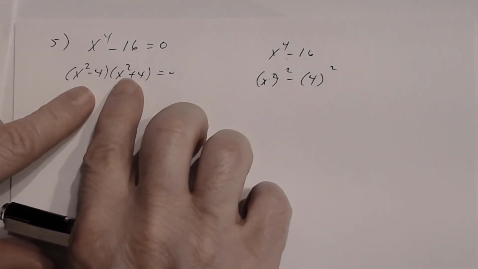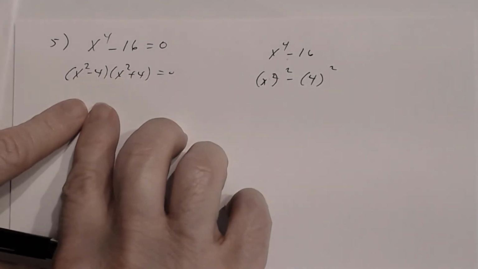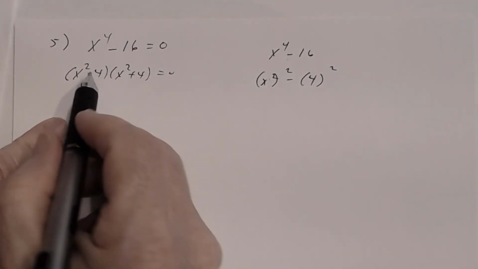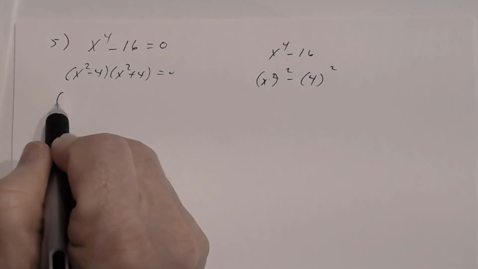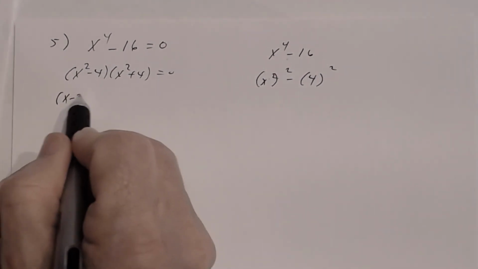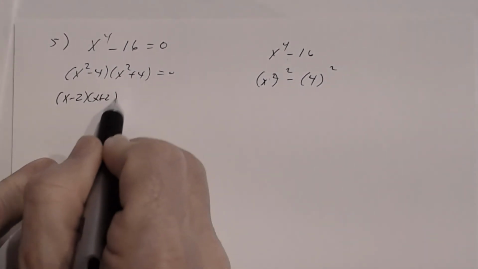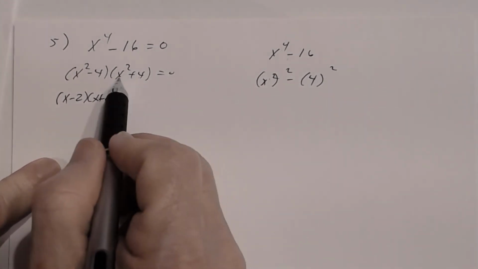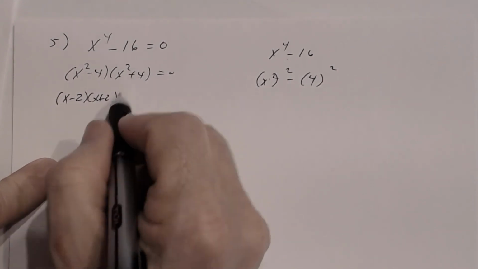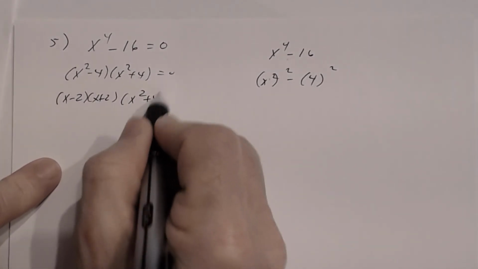So you want to try to factor further if you can. So if you notice, this right here is still the difference of two squares. So I can factor that further. So I get x minus 2 times x plus 2. Over here, notice that's the sum of two squares. The sum of two squares I can't factor, so I'm going to have to rewrite this as it is.